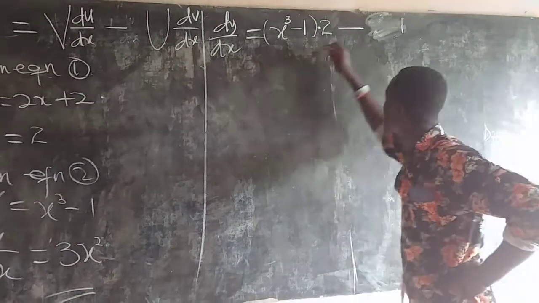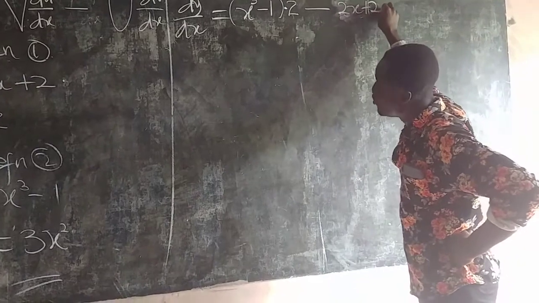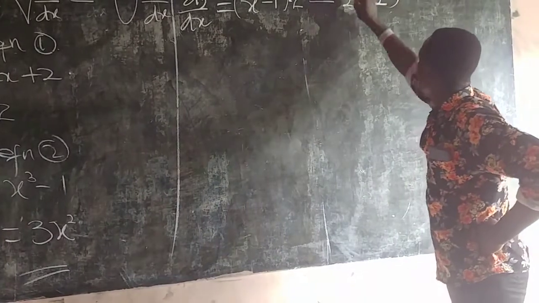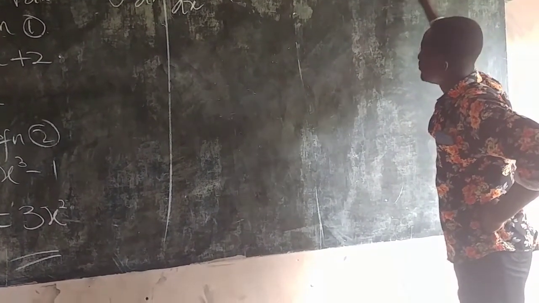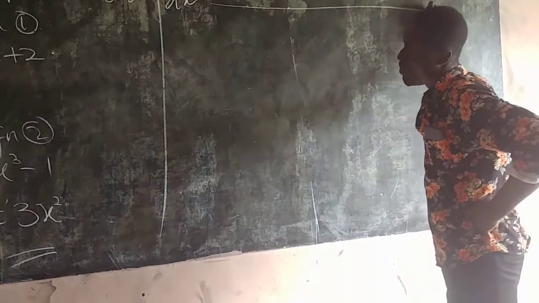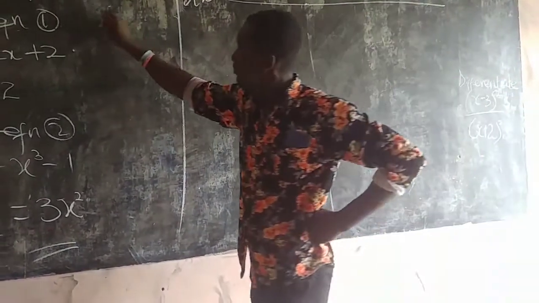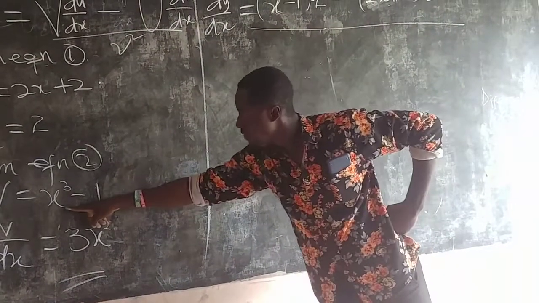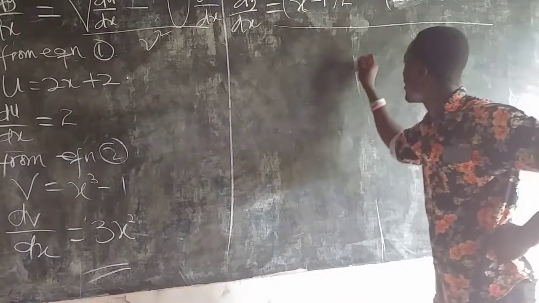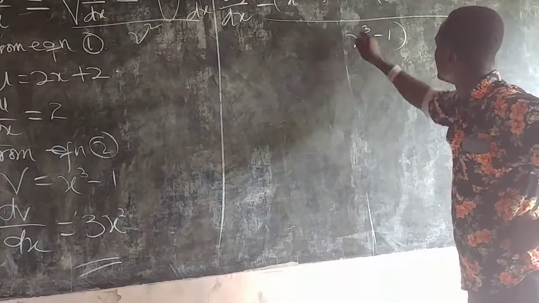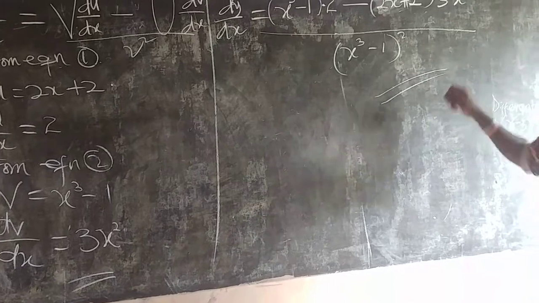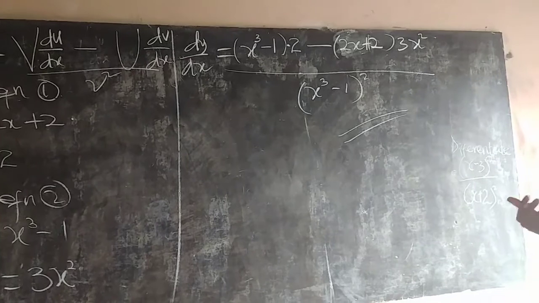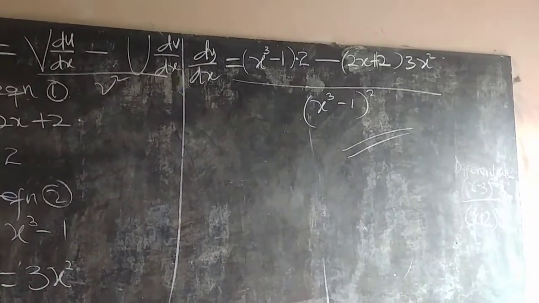Our u is 2x plus 2, so write 2x plus 2 times dv/dx, which is 3x squared, all divided by v squared. What is v? v is x cubed minus 1, so x cubed minus 1 all squared. That is how you use the quotient rule in differentiating a function of that kind.